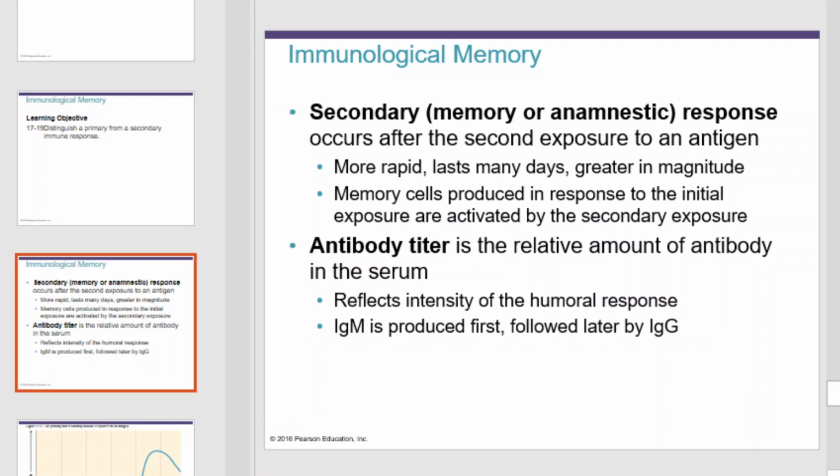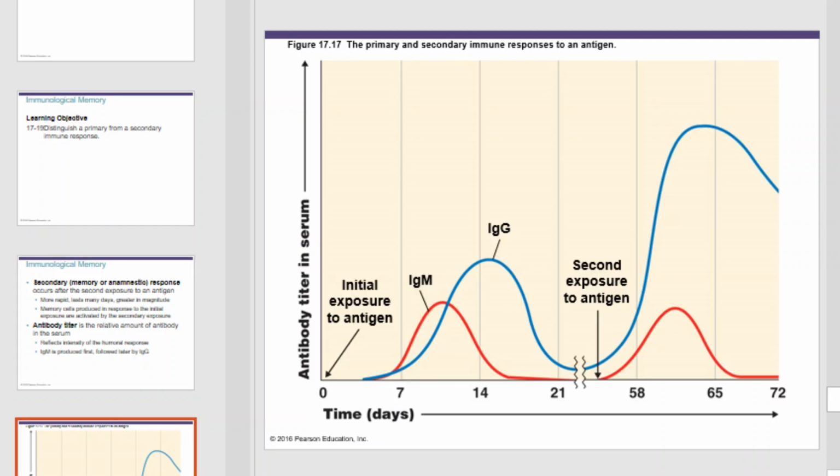Antibody titer is the relative amount of antibody in serum, and it reflects the intensity of the humoral response. IgM is first produced, followed later by IgG. This graph illustrates the primary and secondary immune responses to an antigen.